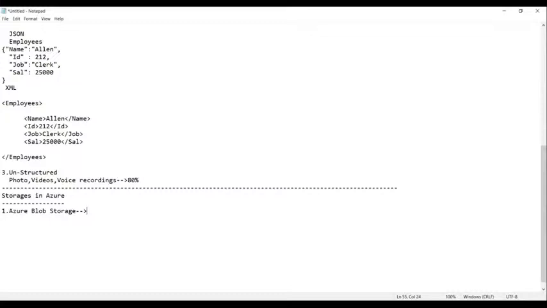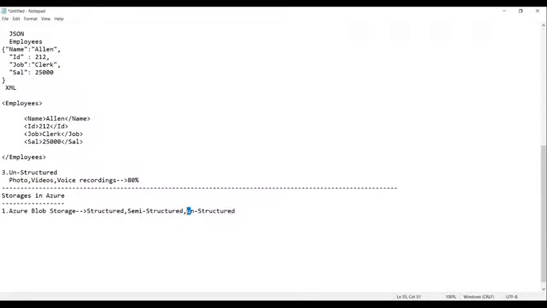So that means the Azure Blob Storage can store structured data, semi-structured, and then unstructured data.